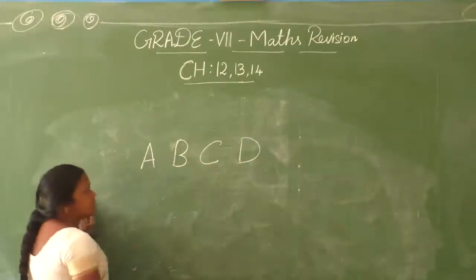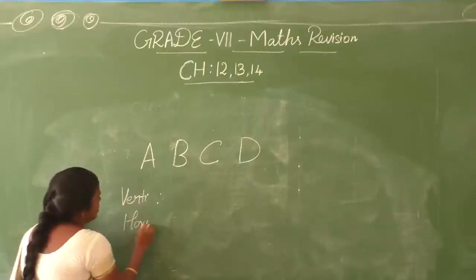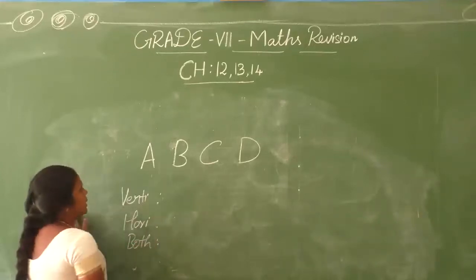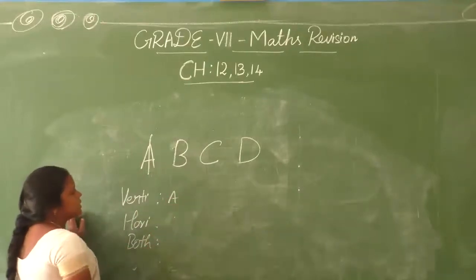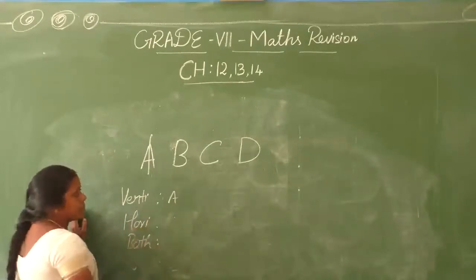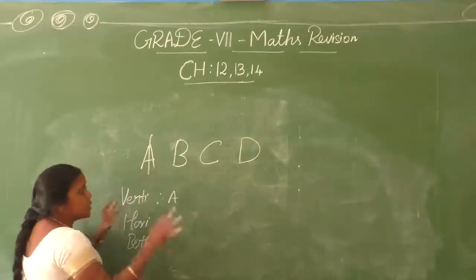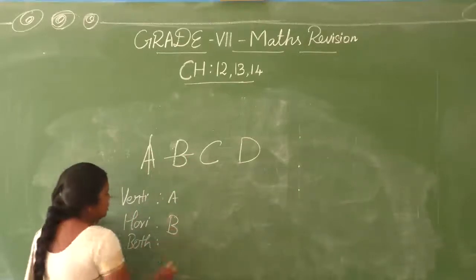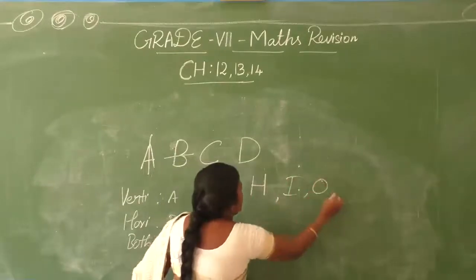Here the line of symmetry: horizontally, vertically, both. Like that they are asking. What to do? Vertically, yeah, A will come. So take and write the letters which come under vertically, horizontally, both. Lines of symmetry based, mirror reflection based, they are asking. So pick up, out of 26 letters, which will come in the vertical category, which horizontally, and both. Both means H, I, O, X.